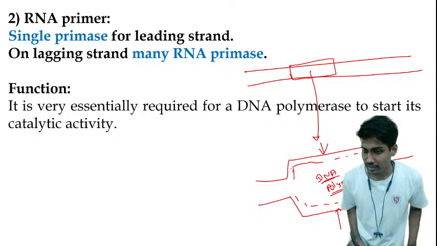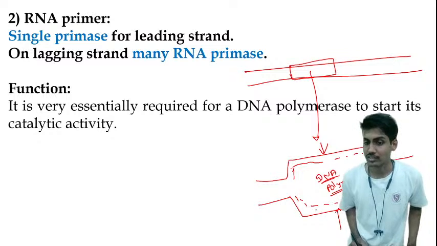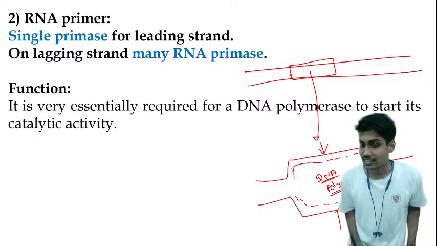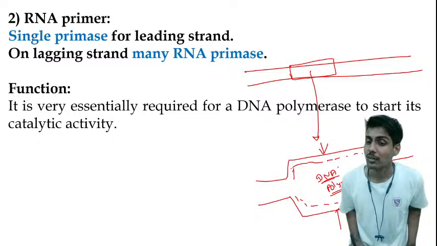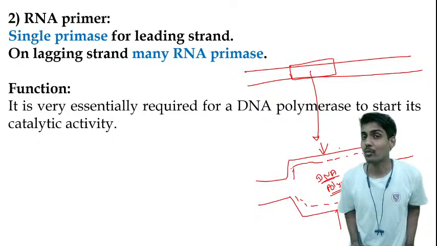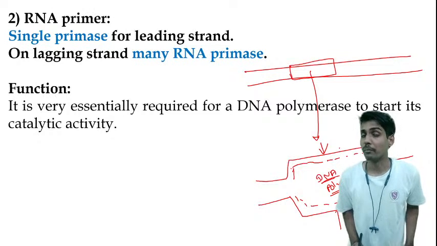The new strands which are going to be formed are called daughter strands. Before synthesizing the daughter strands, the DNA polymerase obviously is going to synthesize them, but to attach the DNA polymerase to the parent strand we require an enzyme or protein complex.